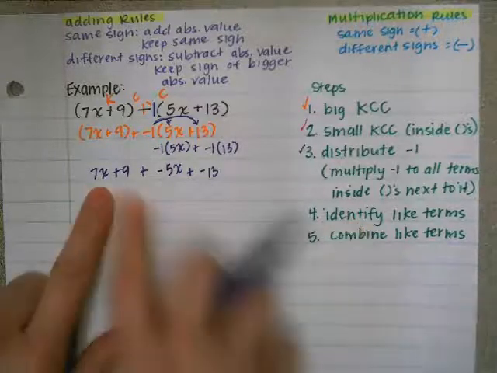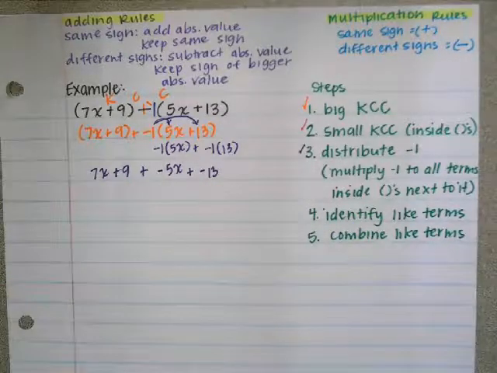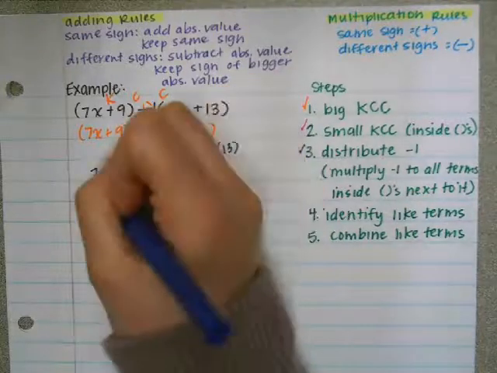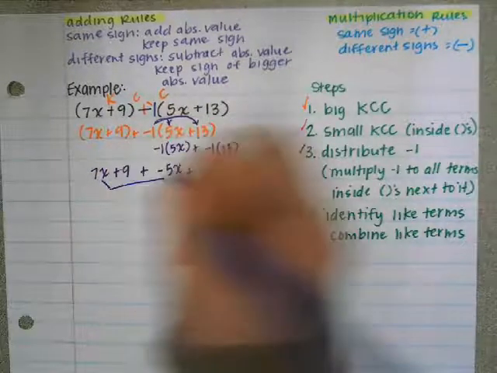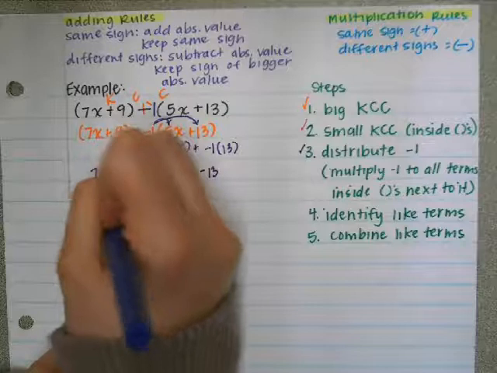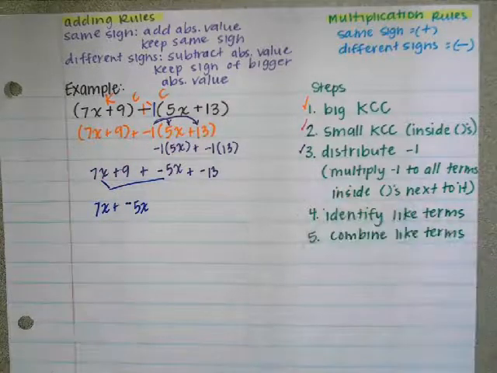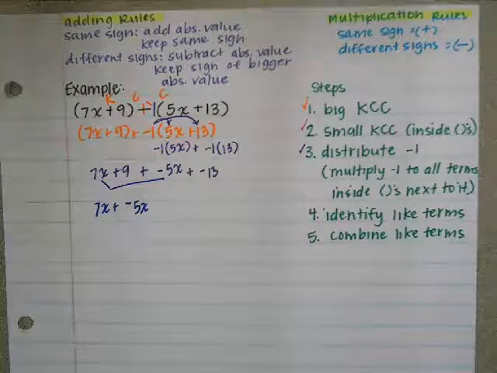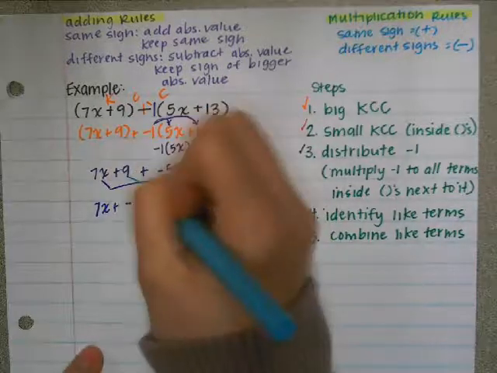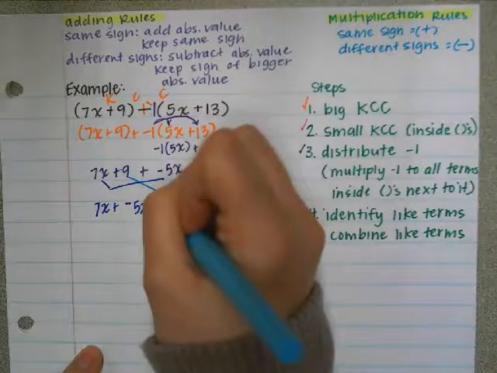Now I have addition in between all my terms. I can identify my like terms, put my x's together. I have 7x plus negative 5x. And I have 9 and negative 13.